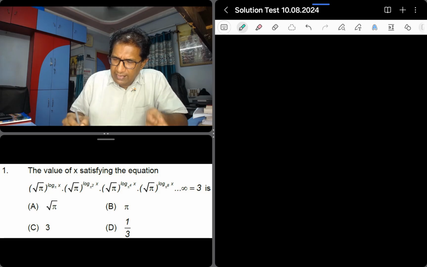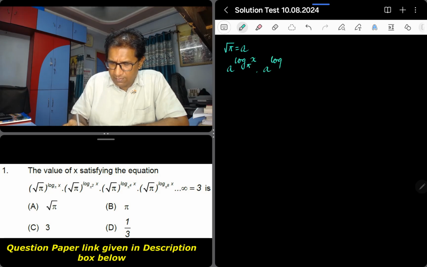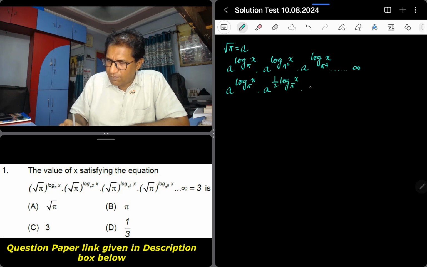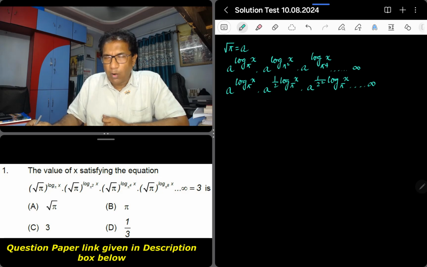In this question, let us say root of pi is a. So we are having a to the power, so we can write this thing as, I have simply applied the properties of logarithm.